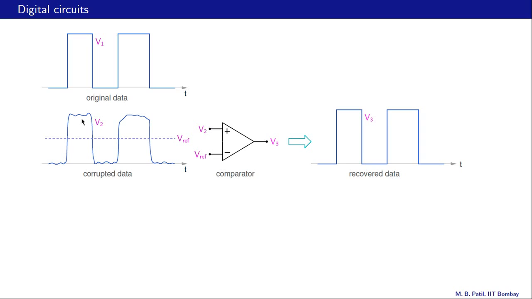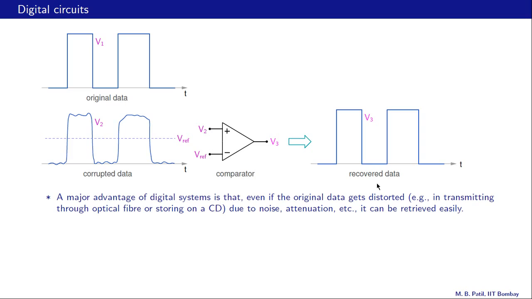When V2 is higher than Vref, V3 is high, like that, and when V2 is lower than Vref, over here for example, then V3 is low. So in this manner we recover our original digital data.